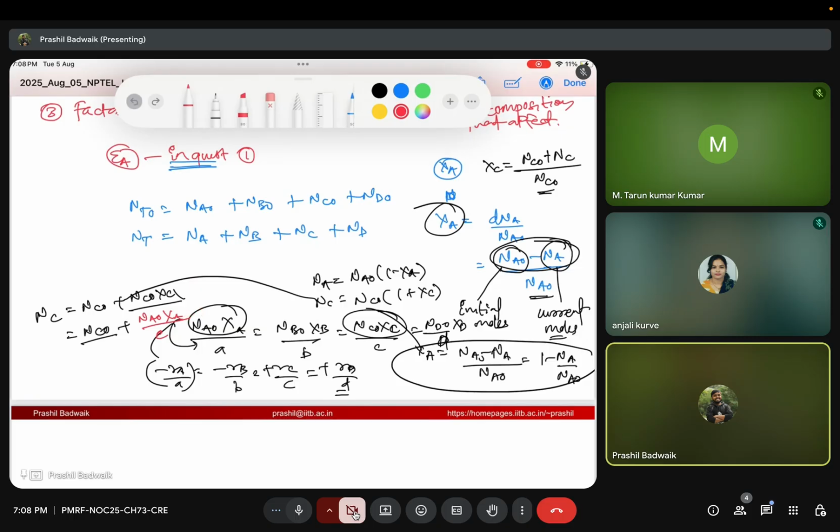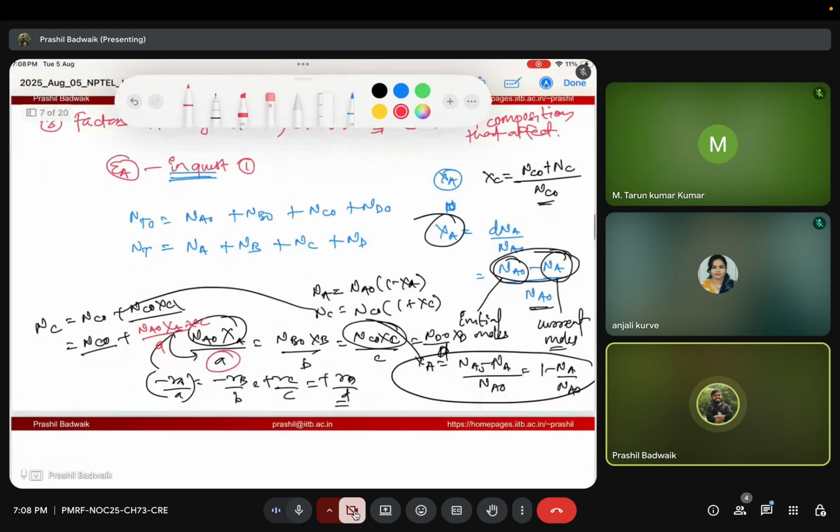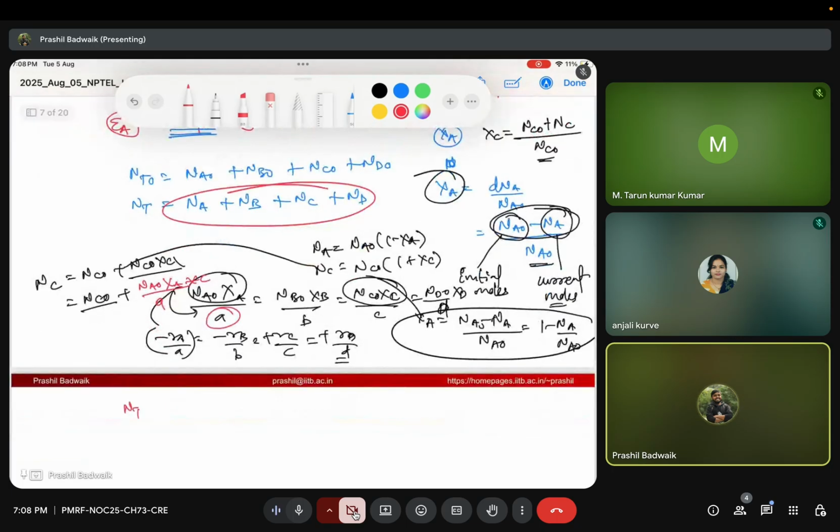Opposite, a will be in division and then there will be multiplication of c. Similarly we can write for all these components and we can get the final expression for nt. You just substitute this value here.